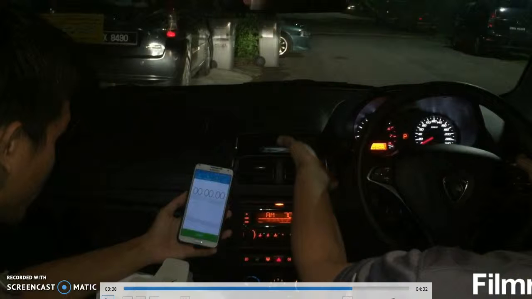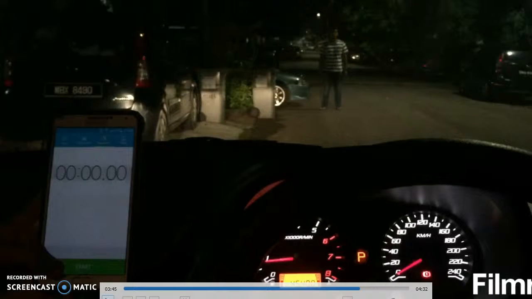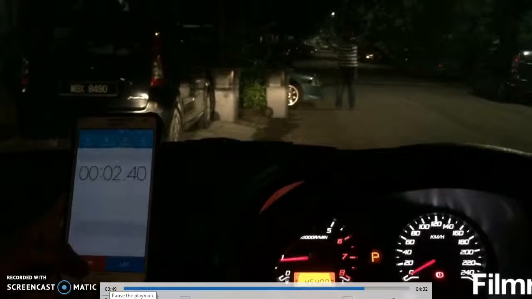The timekeeper needs to set the stopwatch to 0 before the driver gives the signal, and he will press start on the stopwatch at the same time the signal is given. The timekeeper needs to stop the time when the sample raises both of his hands.